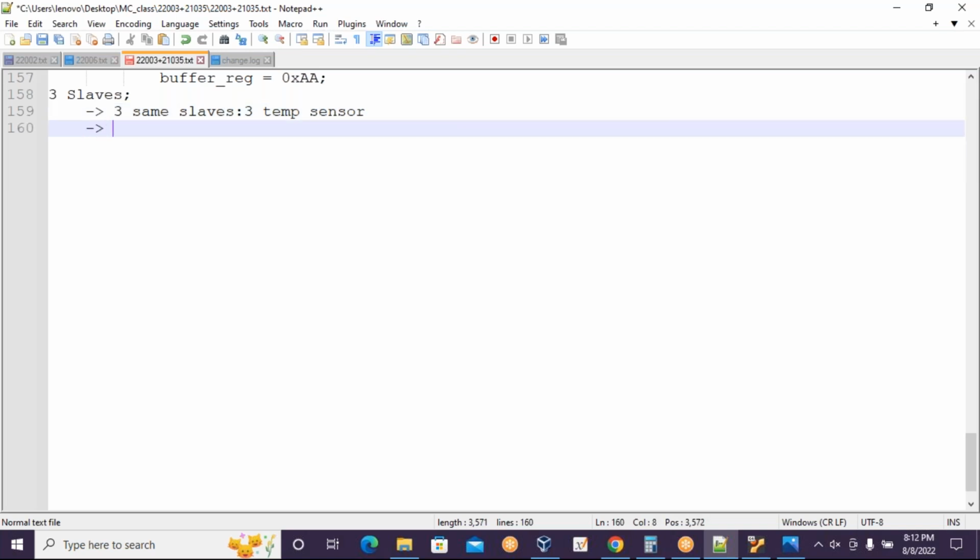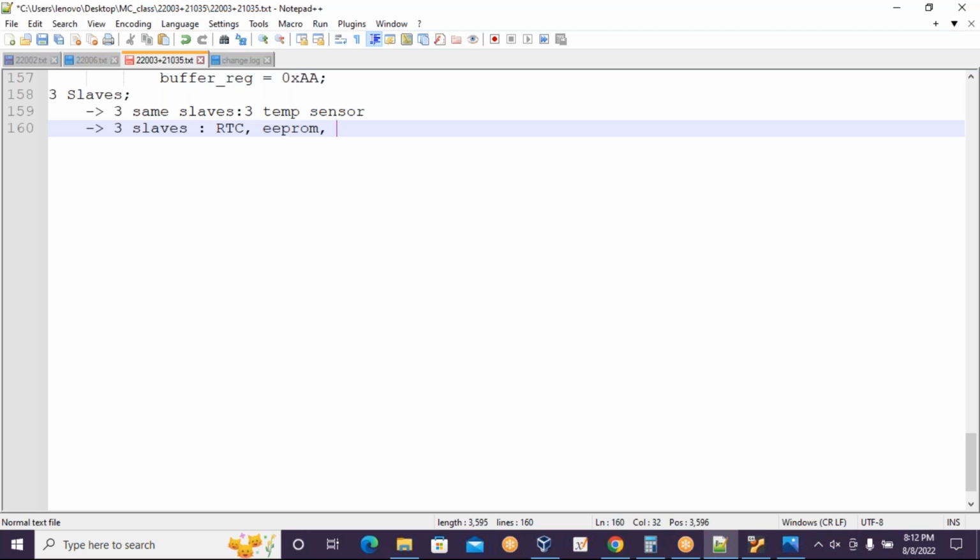And another scenario is there are three slaves, three different slaves. Let's say one is RTC, the other one is an EEPROM.